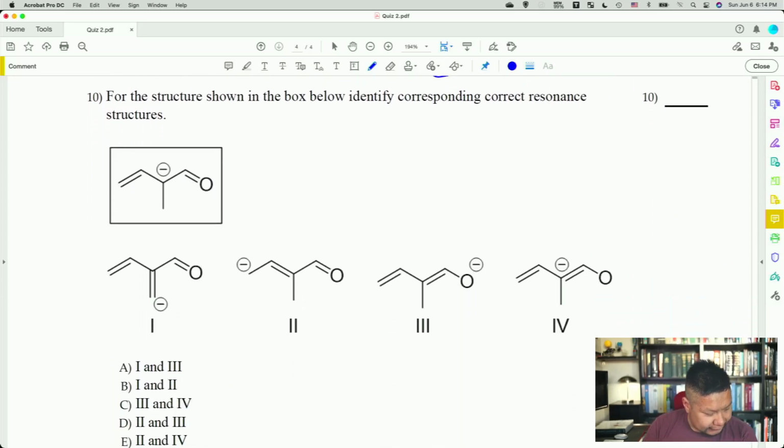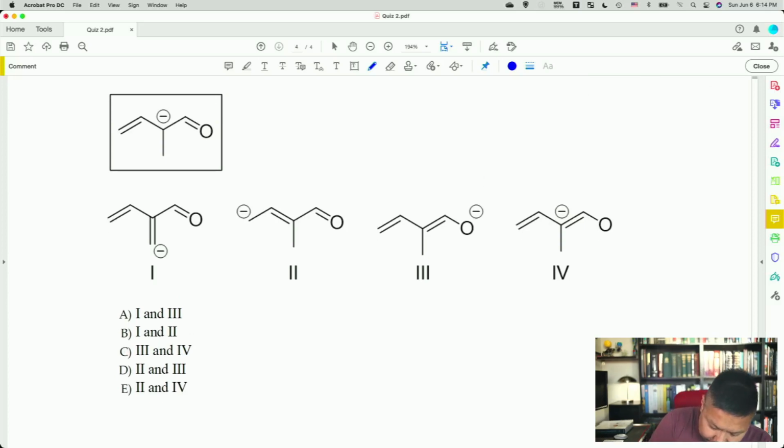And then last but not least, number 10, for the structures shown in the box below, identify the corresponding resonance structure, right? Well, there's multiple here, okay? And the reason why it's multiple is because this carbon anion's electrons can come down like that, and then this bond breaks, the one bond breaks there, and moves a carbon anion to the end.